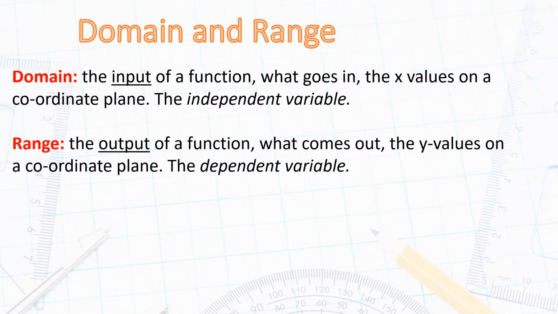And then the other one is the range. So the range is the output of a function. So it's what comes out. The y values on a coordinate plane, and this is known as the dependent variable. So this is the one that will change in response to the other. So like if we were talking about that example of you in school, we would say your location in the school is dependent upon what time of the day it is.